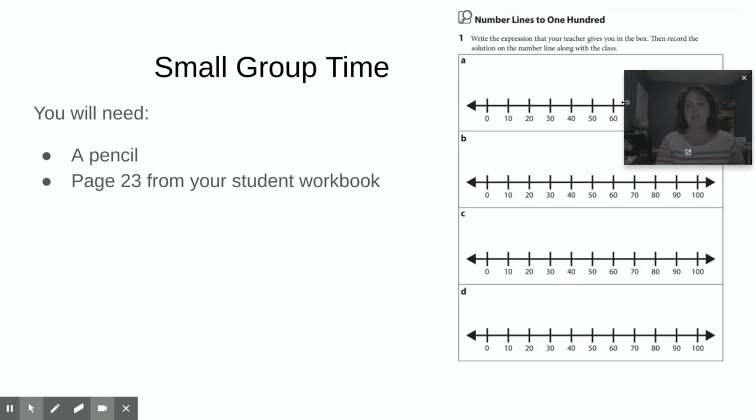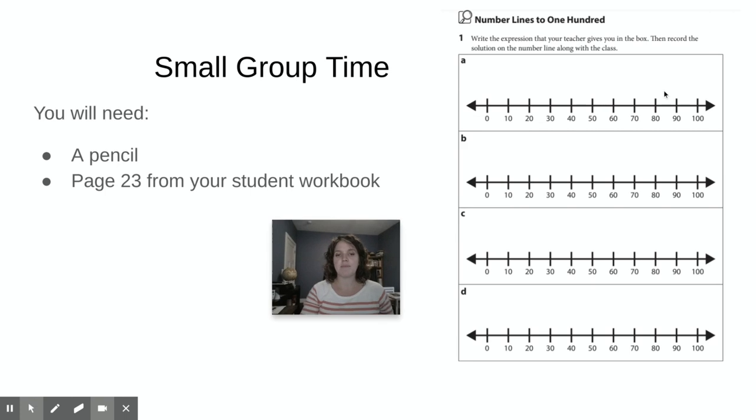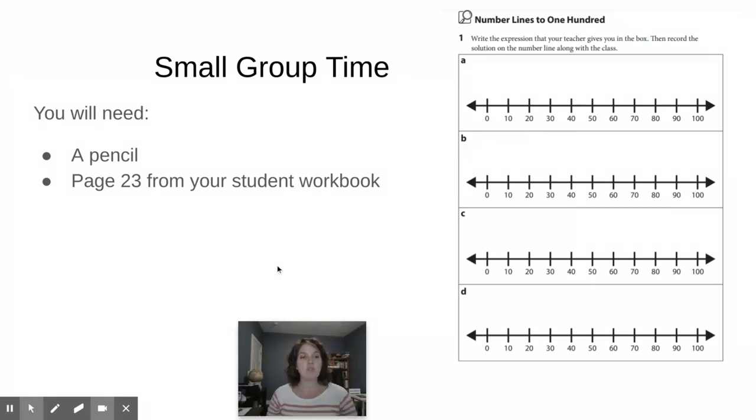All right, during our small group time, you will need a pencil, and you're going to be looking at page 23 from your student workbook. We used this page a couple days ago in our small group, just as kind of a number line so we could do our jumping on it. But today we're going to actually write some equations and then show our work.